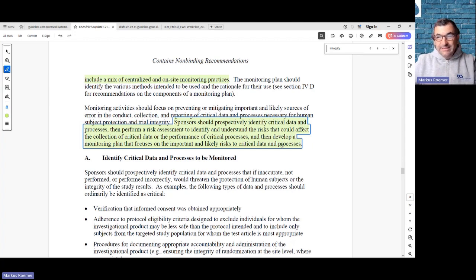Wow. Do not see that very often, especially prospectively. So the study protocol and the monitoring plan, and doing that before, and to identify and understand the risk and the collection of critical data.